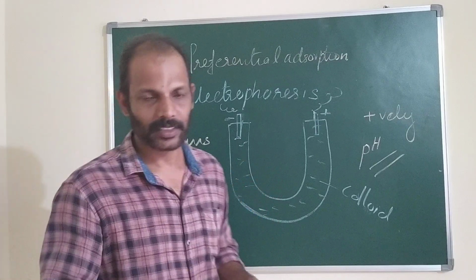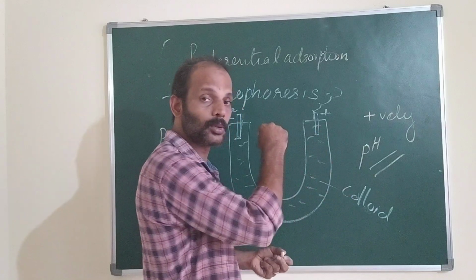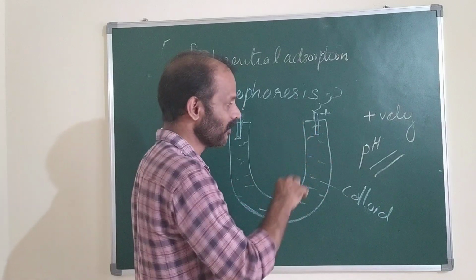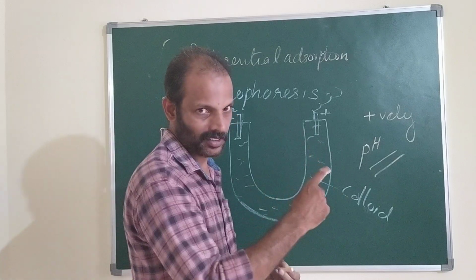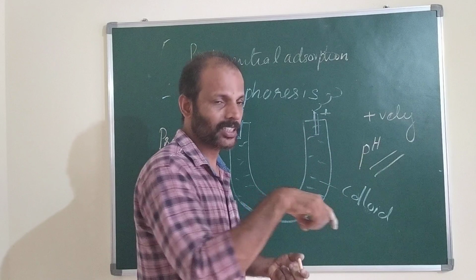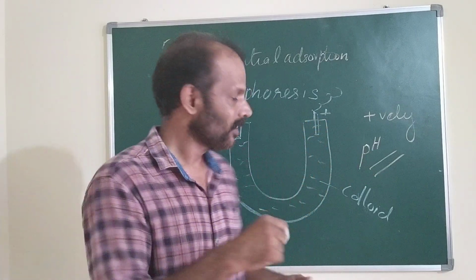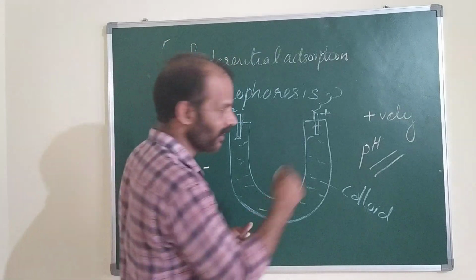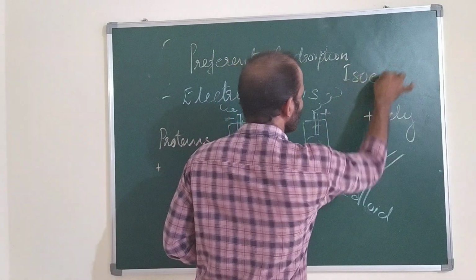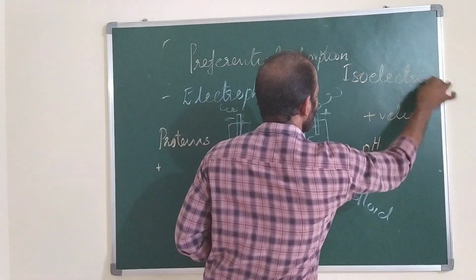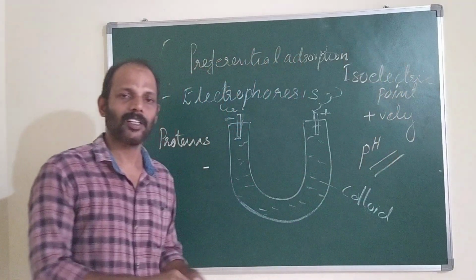So at a particular pH, the movement of colloidal particles to either cathode or anode will be stopped. That pH, at which the migration of colloidal particles towards the cathode or anode is stopped, is known as the isoelectric point.